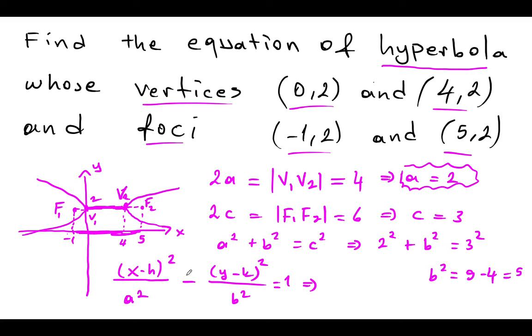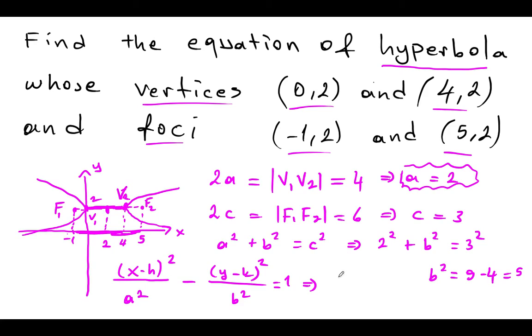Now, what about h and k? h and k is the center. The center is actually the midpoint between the two vertices. From this vertex to this vertex, I have 4 units. It means that the center will be here at x is 2, y is 2.